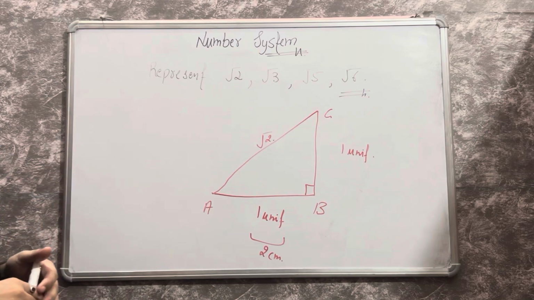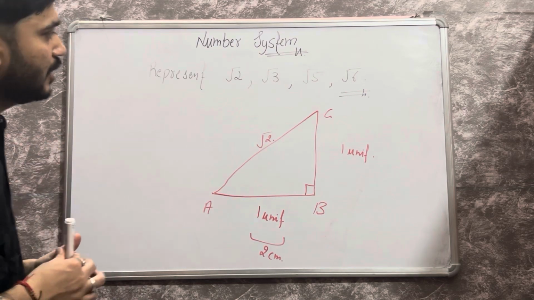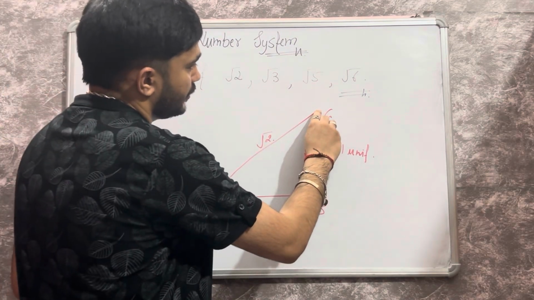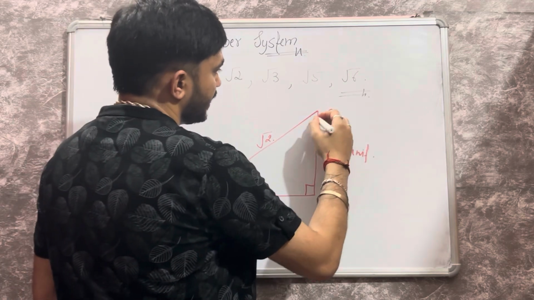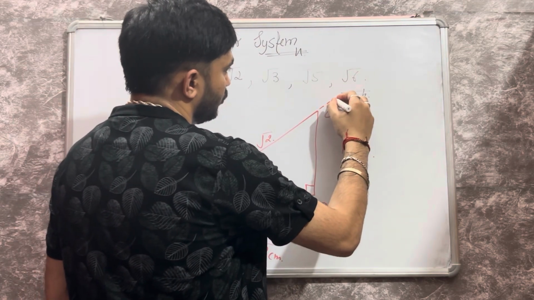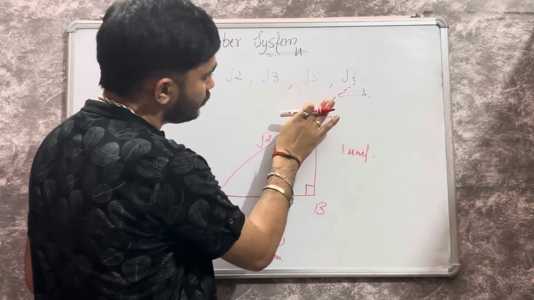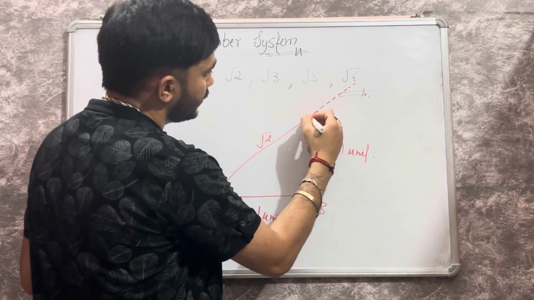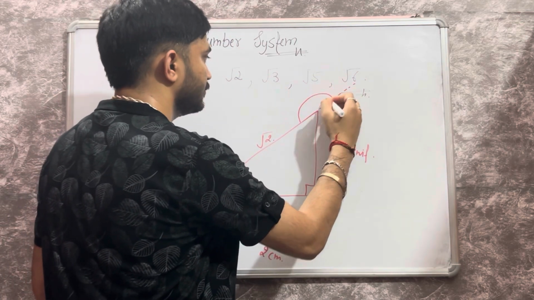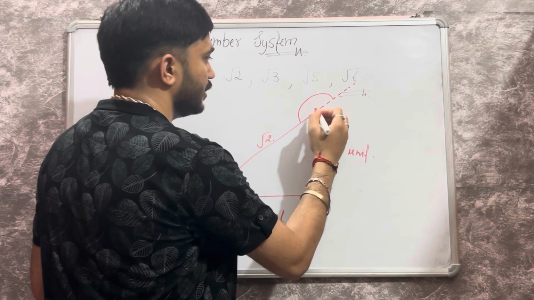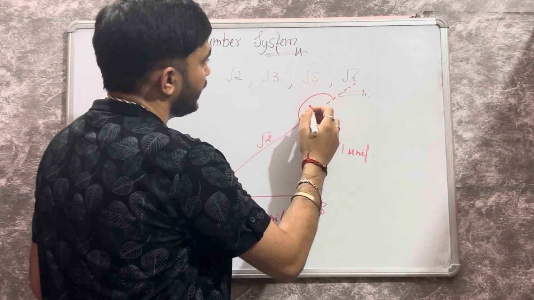Now how are you going to represent under root 3 here? Now take this point, extend this line a little more, and based on this line place your set square here, just like this, and the point will be here. Take the 90-degree angle of it.